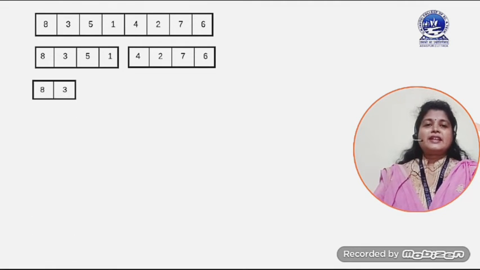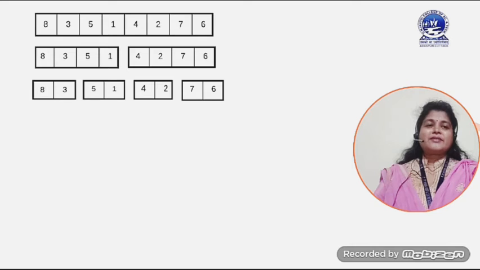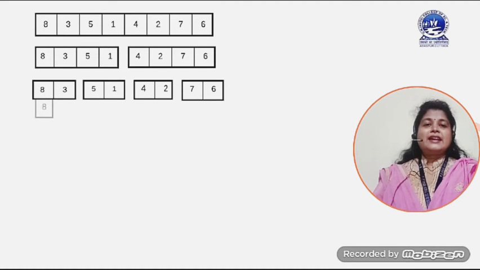Again we will divide the list. First we will divide the first sublist, and now the further divided sublists are 8, 3, and the next one is 5, 1, and the next one is 4, 2, and the next one is 7, 6. Okay, and at the next step again we will divide the list.